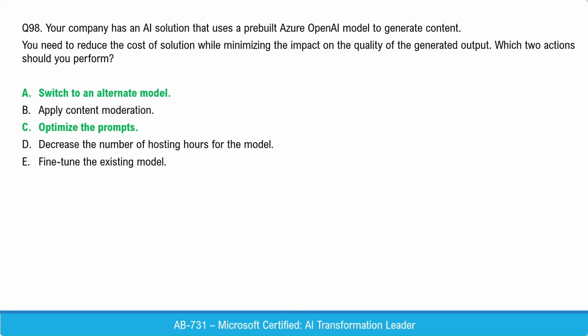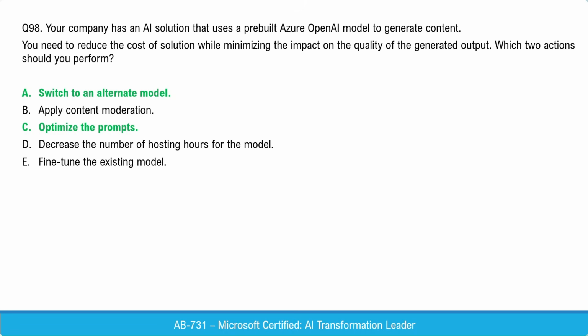Option C is also correct because optimizing prompts directly reduces token consumption. By making prompts more concise and focused, you reduce the number of input and output tokens processed, which directly lowers cost. At the same time, better prompt design can actually improve response quality. Looking at other options, option B, applying content moderation, is focused on safety and compliance. It does not impact token usage or cost.